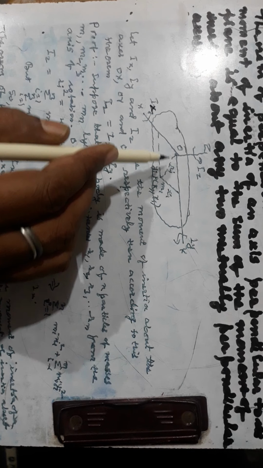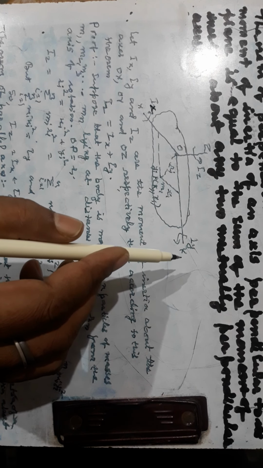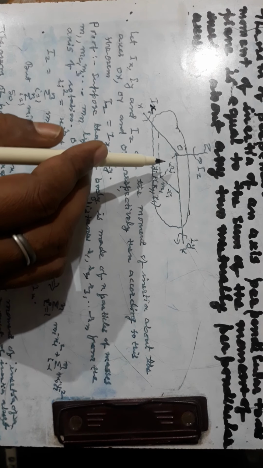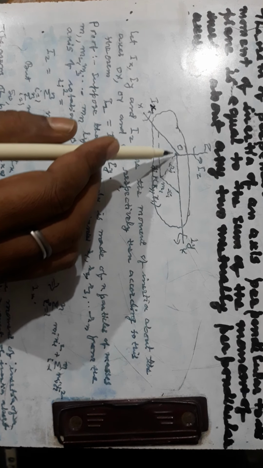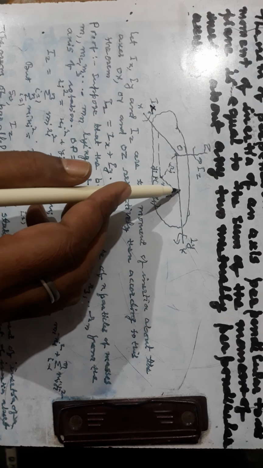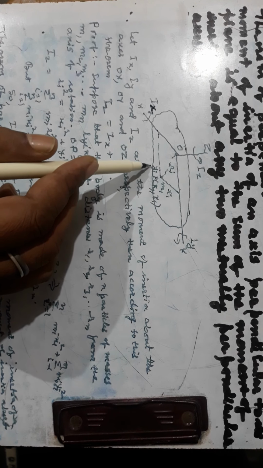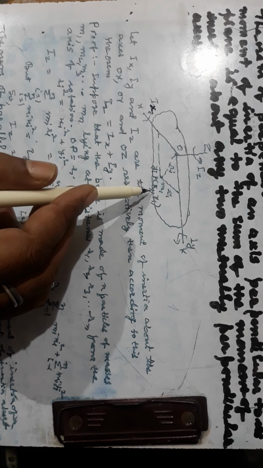In this figure you are observing X, Y, Z. Here the radius is Ri, from here to here the distance is Xi, and from here to here this is Yi, and the coordinates are x1, y1.